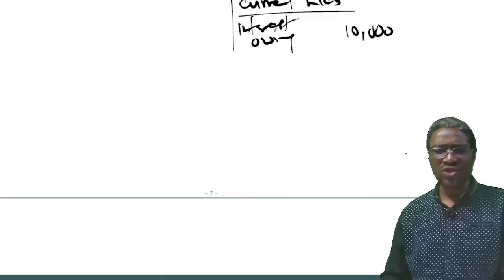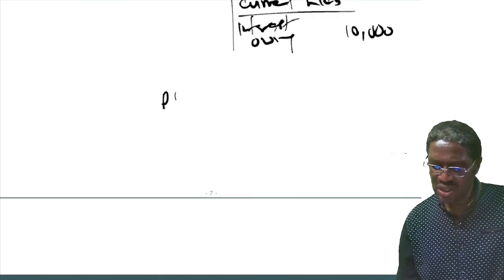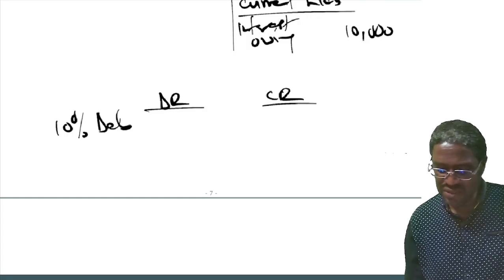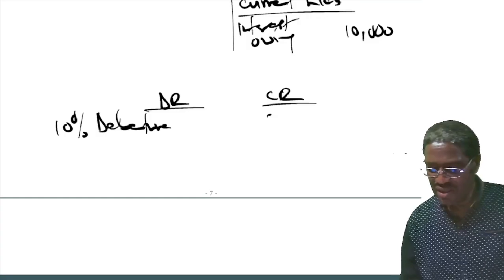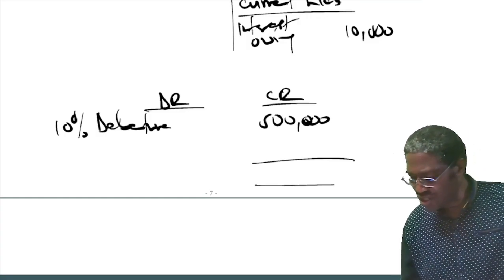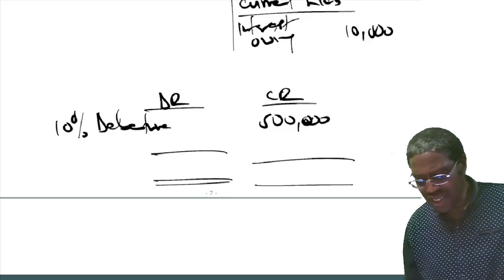In the same financial accounting, sometimes the examiner could give you a trial balance with 10% debentures of 500, and in that trial balance, there is nothing like interest.